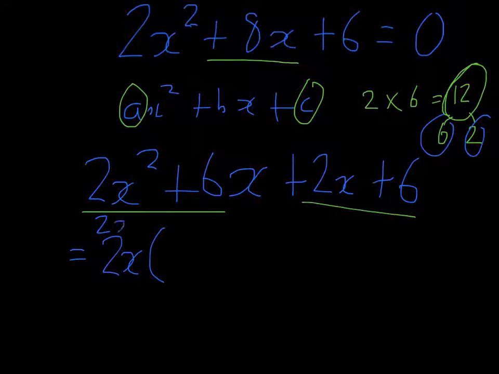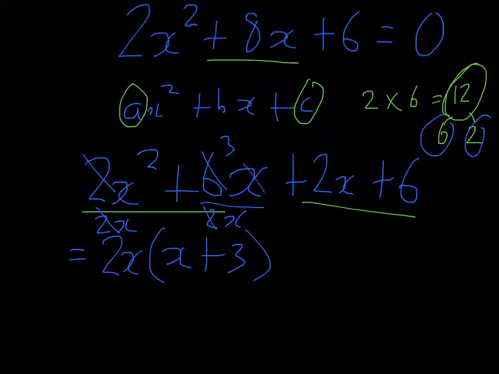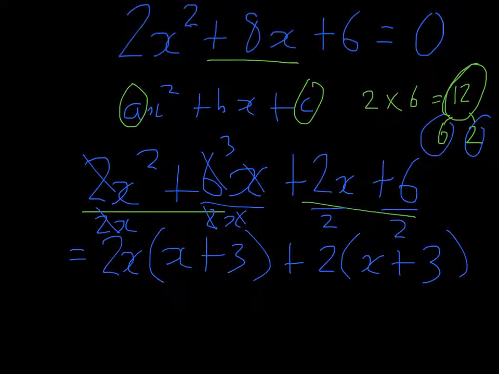Dividing by 2x, we're left with x plus 3, because x squared divided by x is x, and 6 divided by 2x is 3. On the other pair, they have a highest common factor of 2, so dividing by 2 gives me 2 of x plus 3.